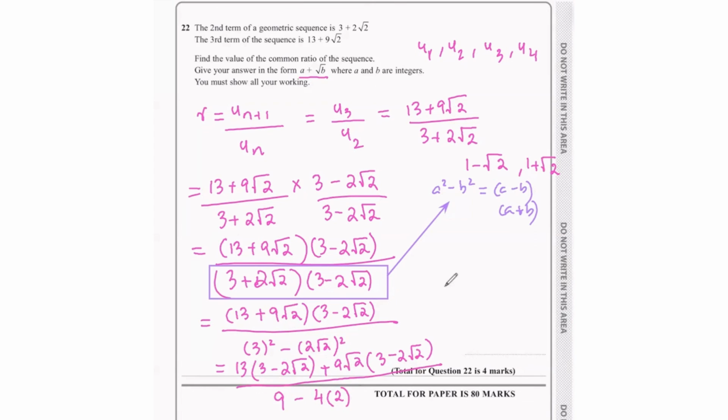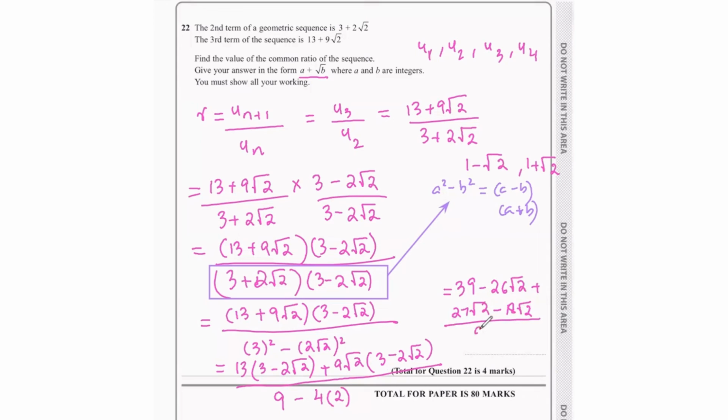So 4 times 2. And that's going to be 13 times 3 is 39 minus 26 root 2 plus 9 root 2 times 3, which is 27 root 2, and minus 9 root 2 times 2 root 2 is 18 root 2 squared.